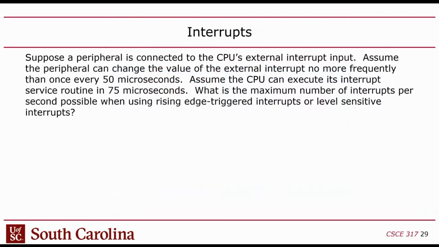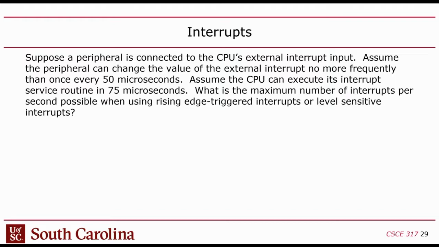So here's a question I asked on the exam last spring. Suppose a peripheral is connected to the CPU's external interrupt input. Now, when I say external, keep in mind it's external to the CPU, but still on the same chip. We're all on the same chip; it's just external relative to the CPU, because the CPU is a module.